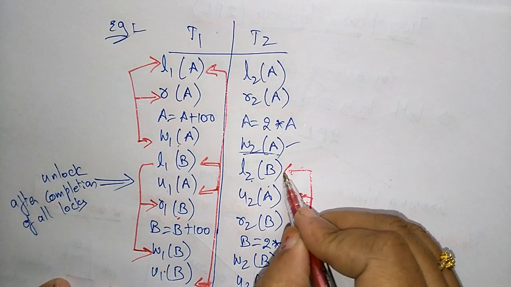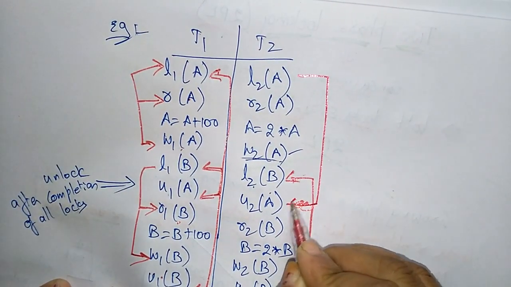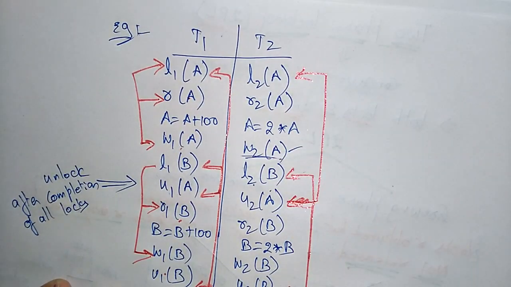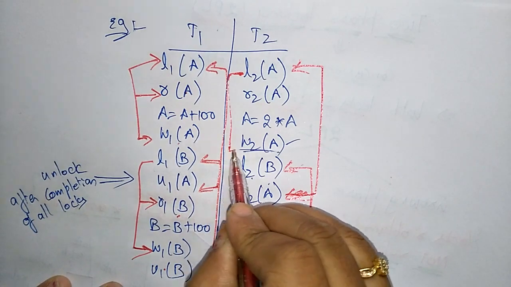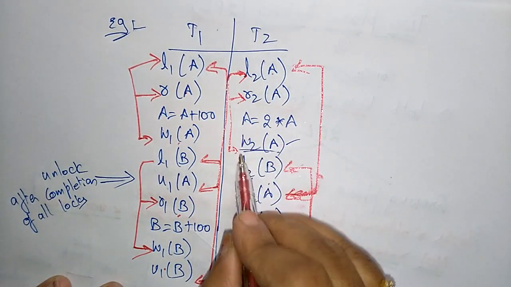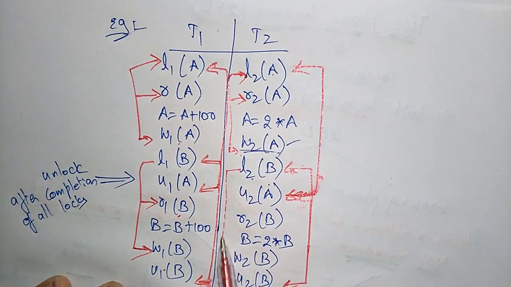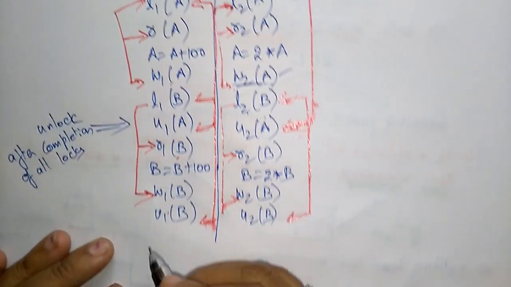So here it is locking and unlocking the data items: locking the data item, reading and writing the data item, locking the data item, reading and writing the data item. Here all lock operations precede all unlock operations. You can see the difference here.